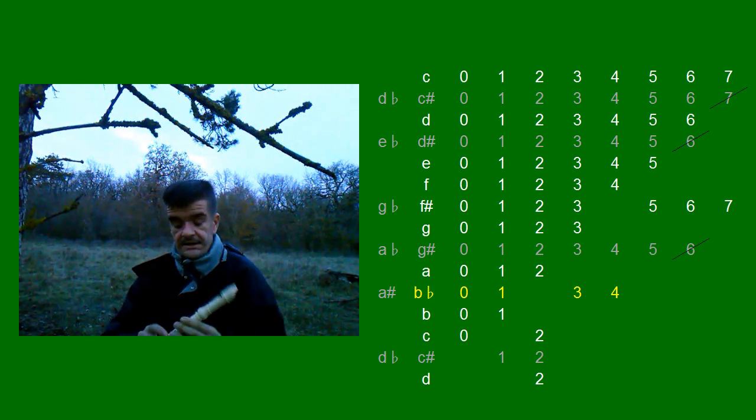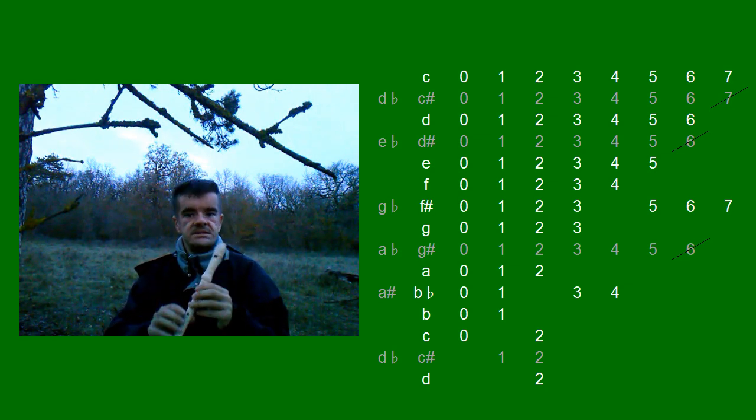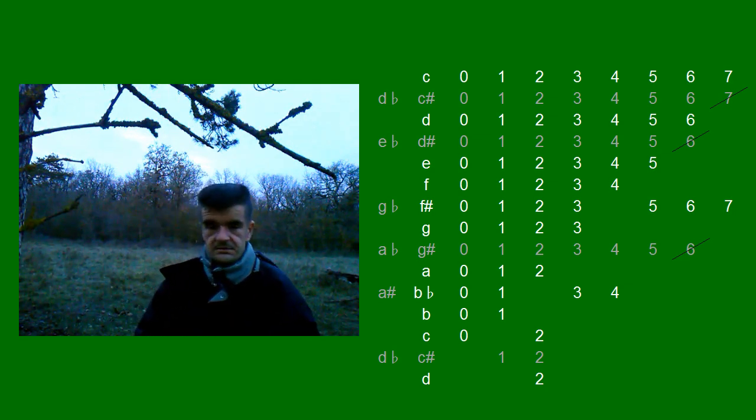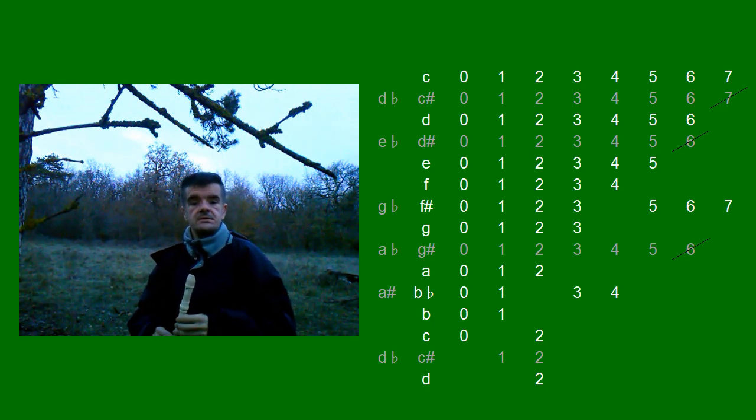Let's say, an easy one, G and F. That's an easy one, or C and D. But there you will find some more difficult ones.